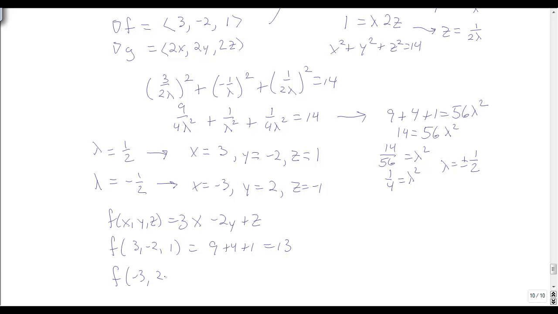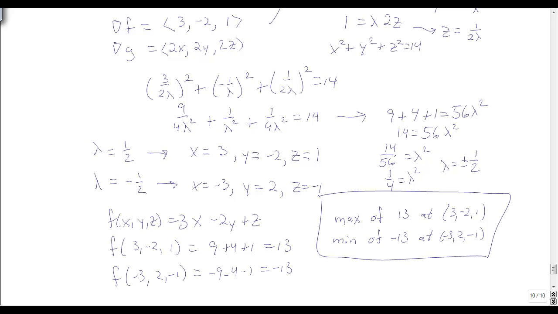Second point is -3, 2, -1. It's going to be -9 minus 4 minus 1, that's negative 13. So we get a max of 13 at the point 3, -2, 1, and a min of negative 13 at the point -3, 2, -1. And then we are done.